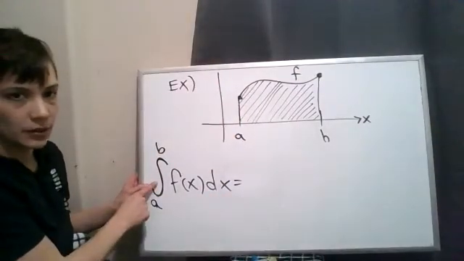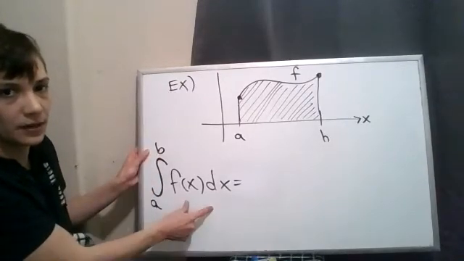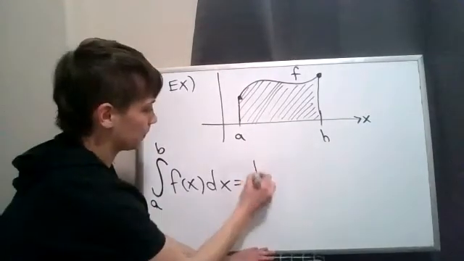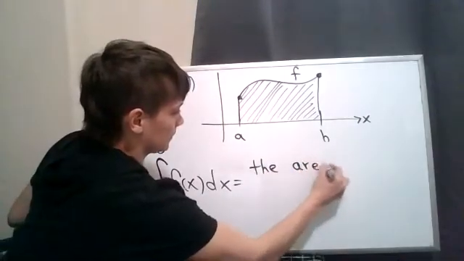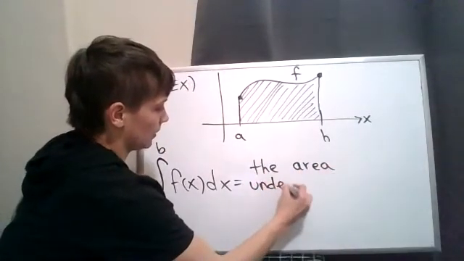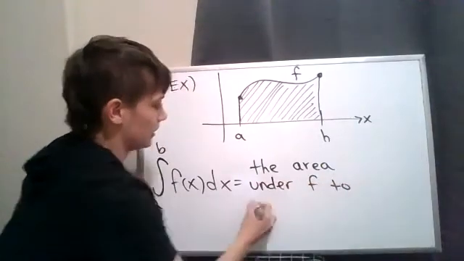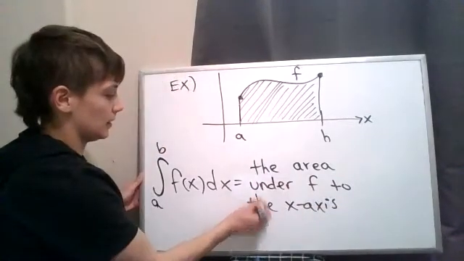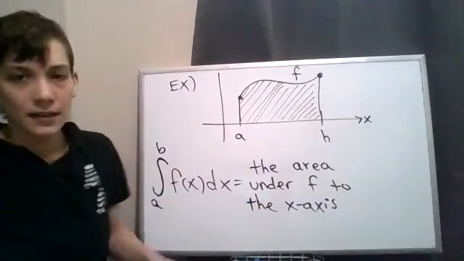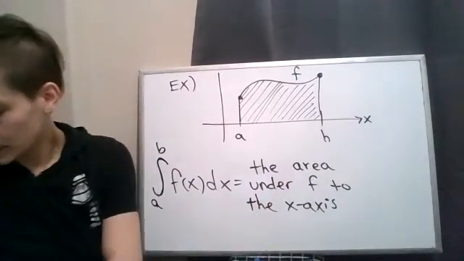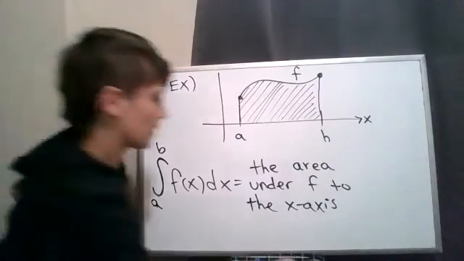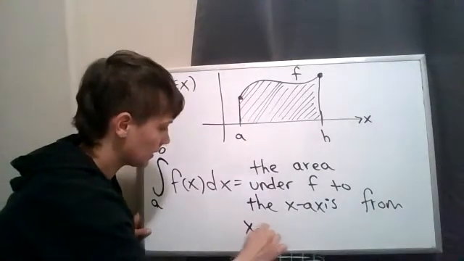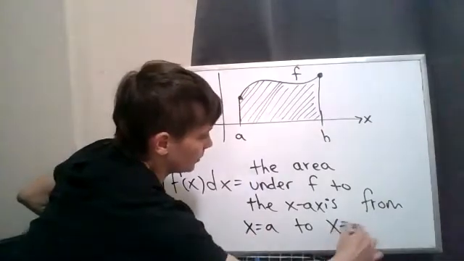So the integral from x equals a to x equals b of your function with respect to x is the area under f to the x-axis, from x equals a to x equals b.